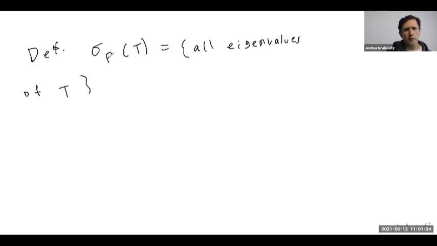So p here is for point, and this is often called the point spectrum.